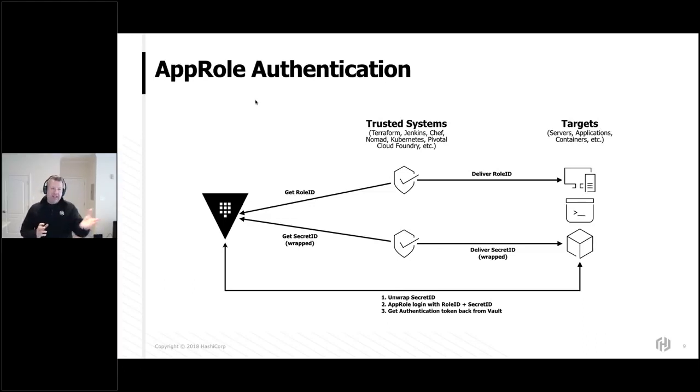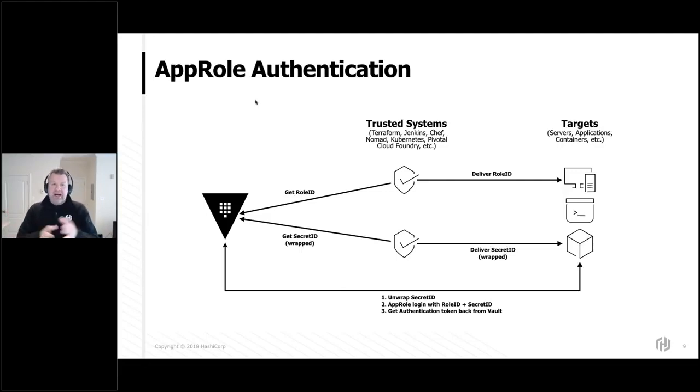Here, on the left-hand side, we have our Vault server. A Vault admin has presumably already set up the app role and created the different limited tokens for each of our trusted systems. On the right-hand side, we have our targets. These are our application servers, our applications, our containers, the things that actually need that final token.